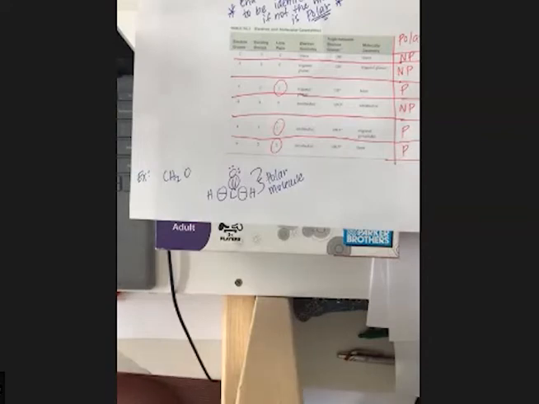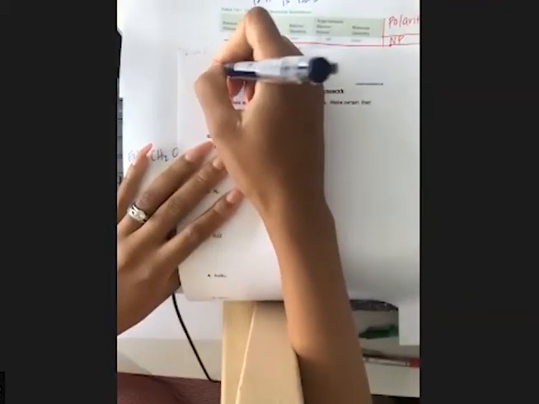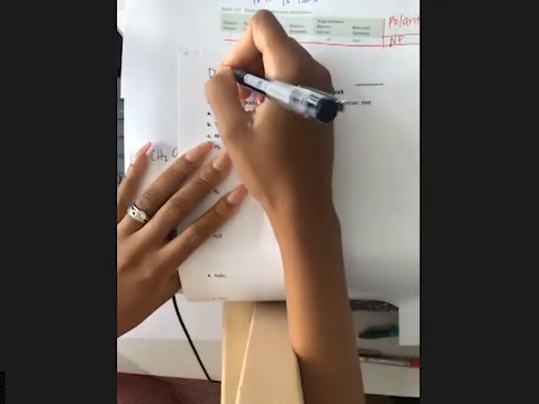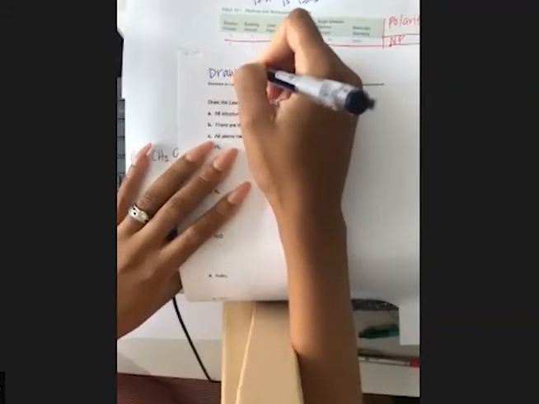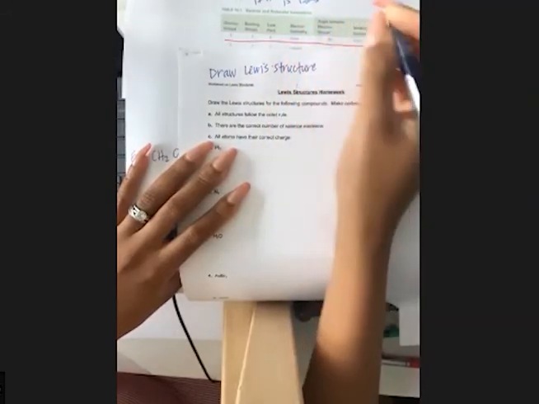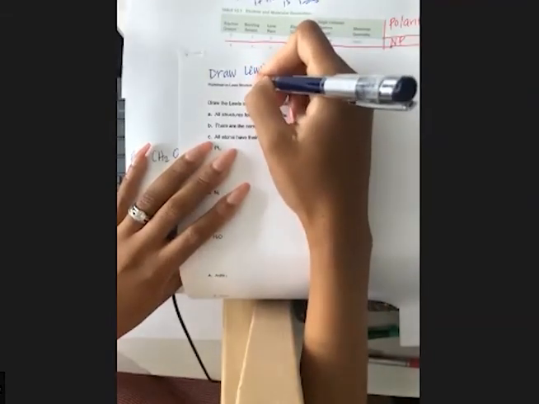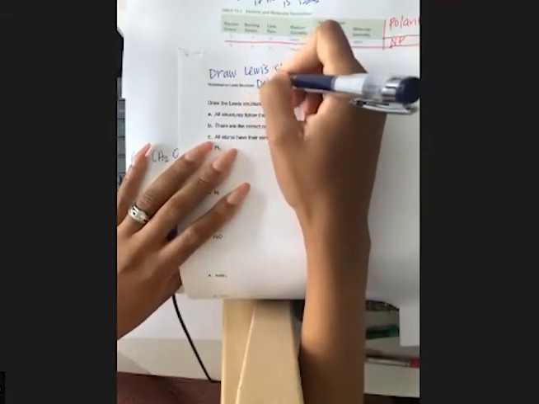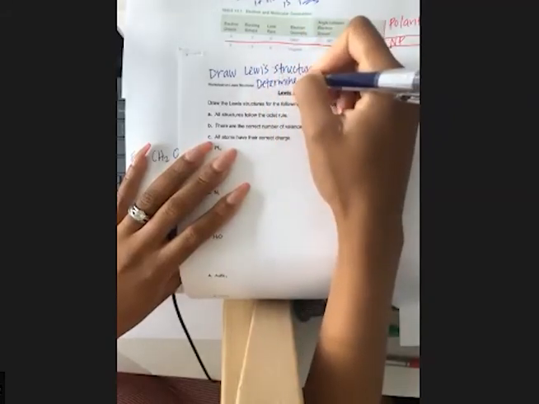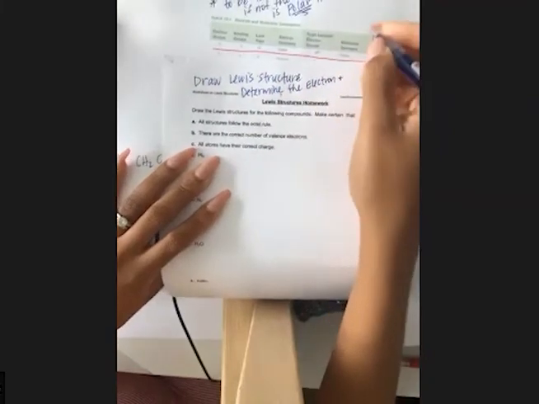All right, so the directions don't say this on the sheet, but what I'd want from you guys is, I'll write it out here, and I'll post it like this. Draw the Lewis structure. It's not on Brightspace yet, I was just rushing to class and didn't get a chance to put it up. So draw the Lewis structure, and then we're going to determine the electron and molecular geometry.